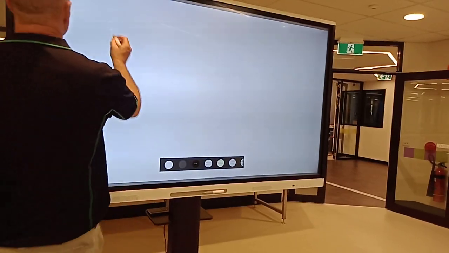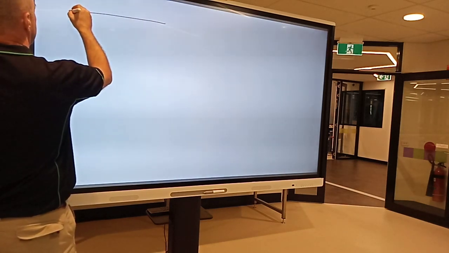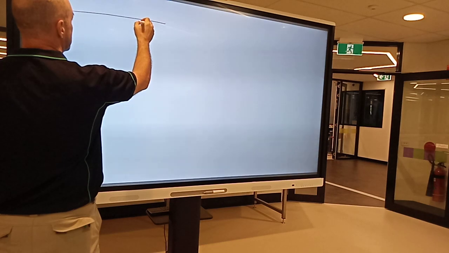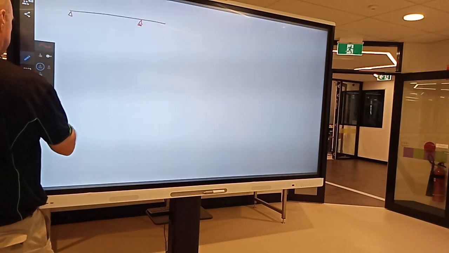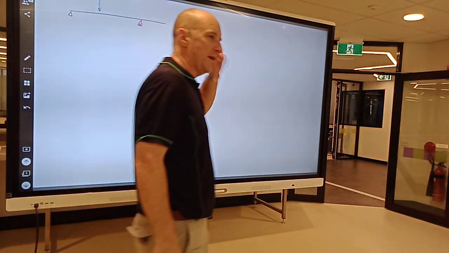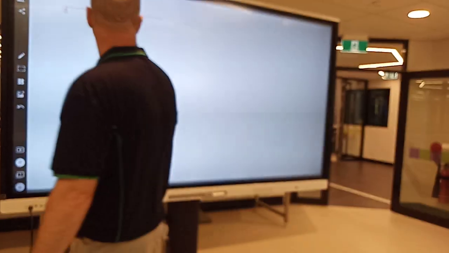Okay. Let's draw a statically determinate beam. There's a beam, there is a support, there is a roller support, and there is a force. That beam is statically determinate. Hold that thought.